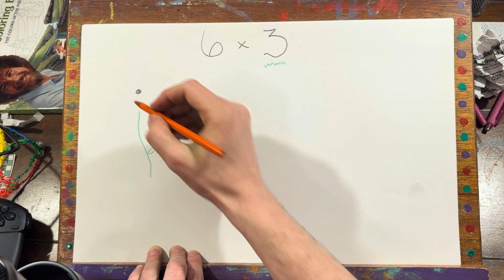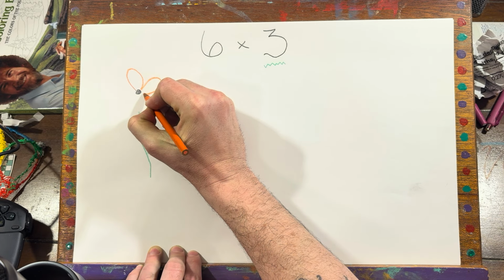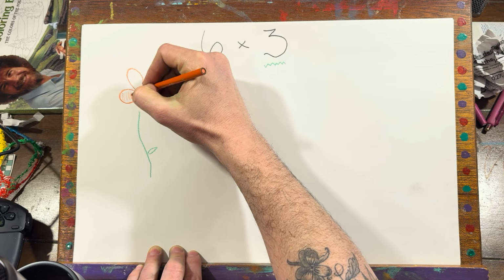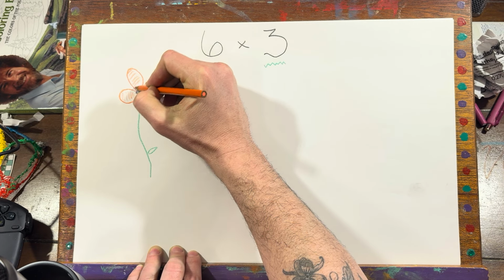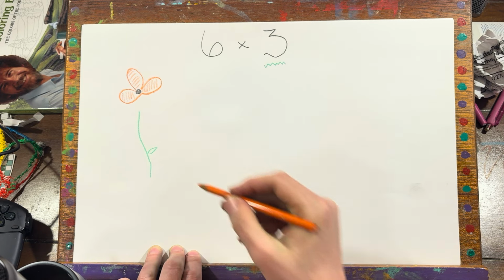Decisions. What color will the flower be? Let's go with this. 1 petal, 2 petals, 3 petals. Not my best work, but that's okay. We're just getting started. This flower has 3 petals on it.